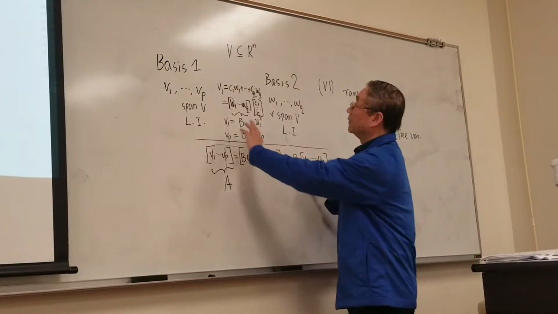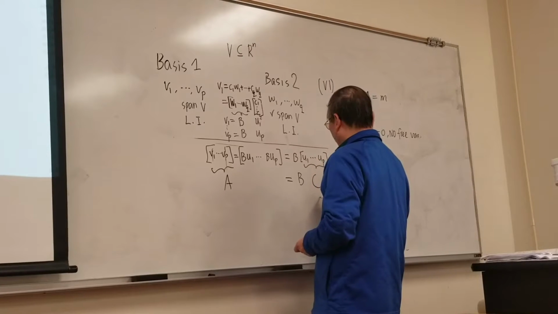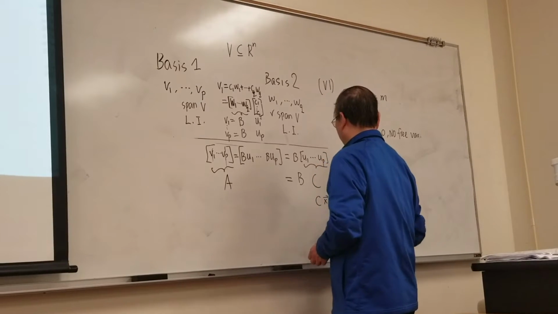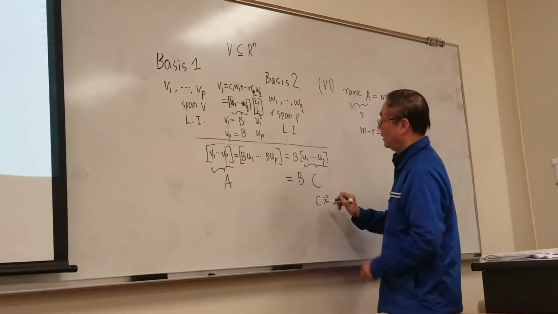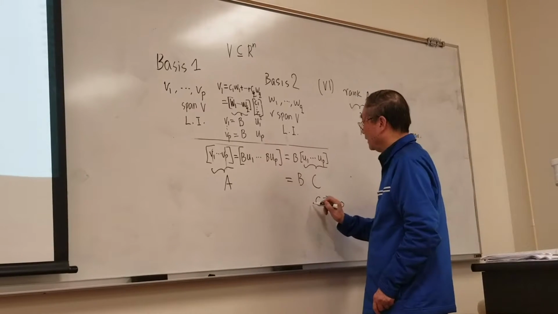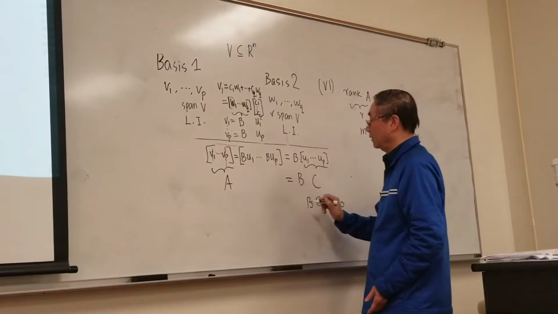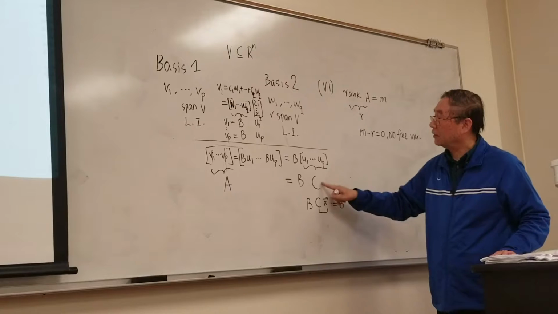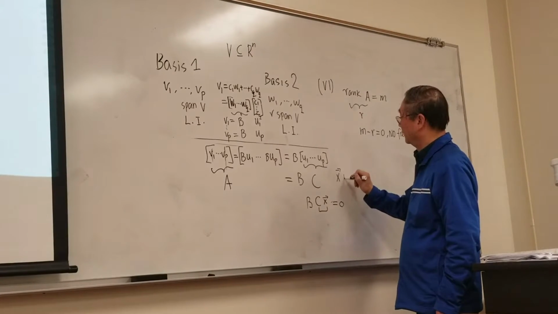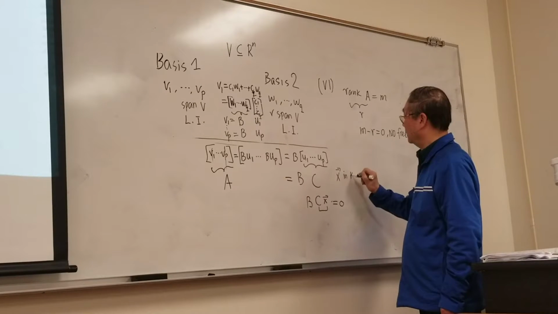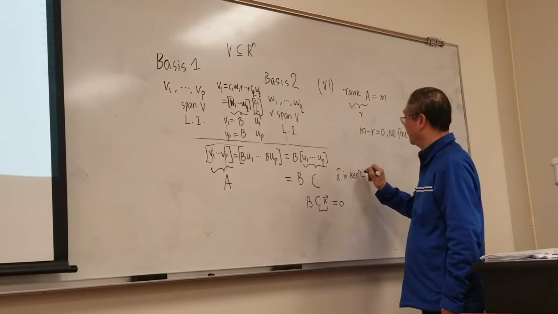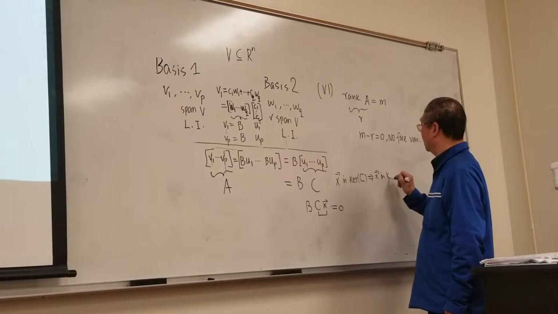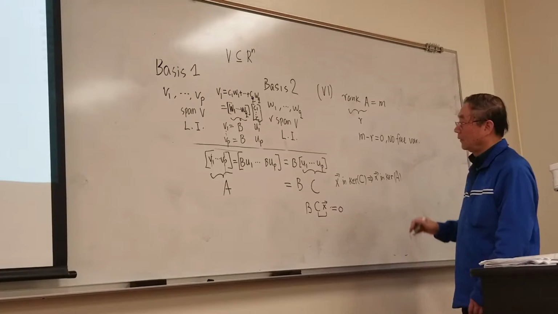And then they argue that if C times X equals 0, then BCX also equals 0. That means if X is in the kernel of C, then X is in the kernel of A. Why?